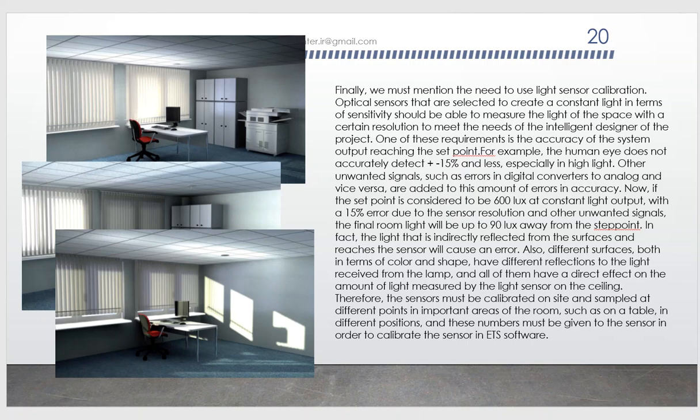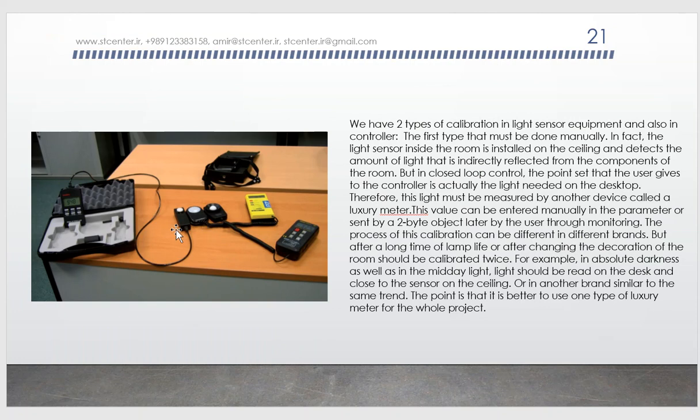So you should have some device to read the amount of lux on a table in the room where you want to perform the constant light control, and then enter this data into the sensors. And after that, whenever you change the architecture of the room, you should calibrate it again.